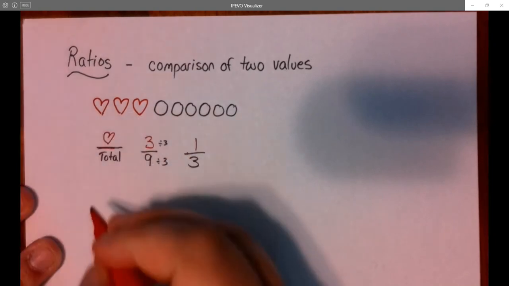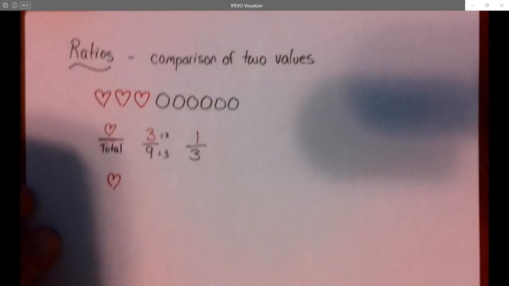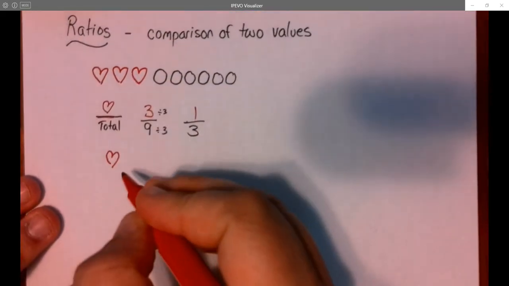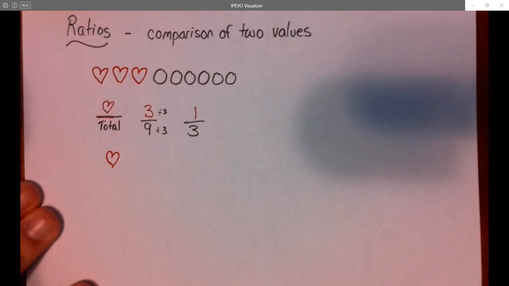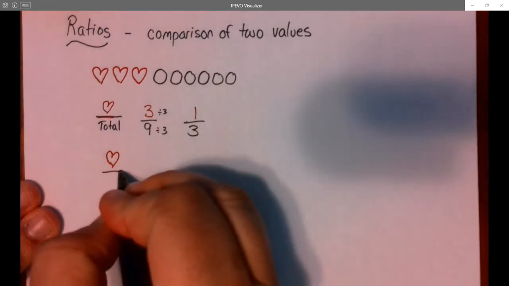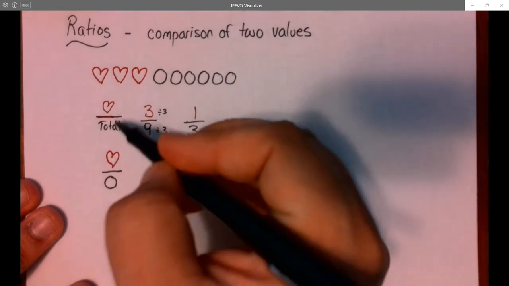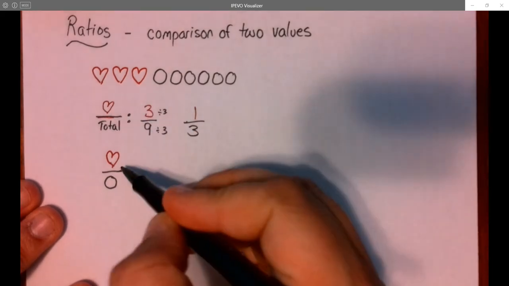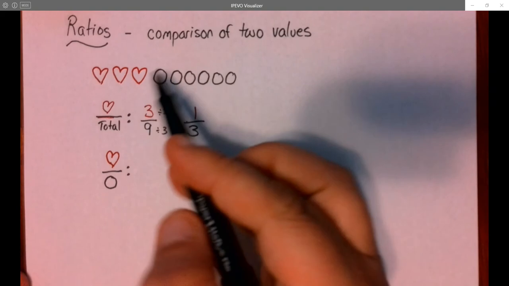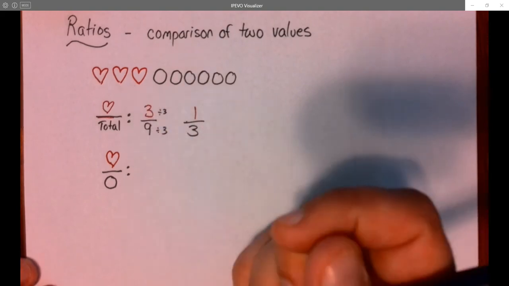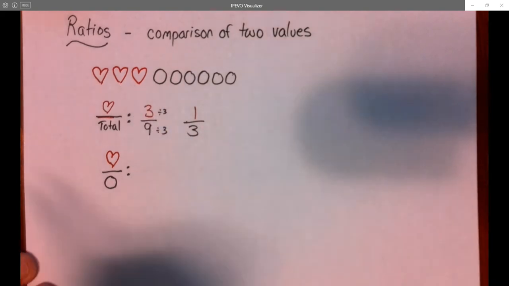So if I wanted to compare hearts, sorry, my hearts are so wonky, I can't draw a very even heart, hearts to circles. And you'll notice at the beginning here, I'm always creating a legend. That way I know what I'm putting on top and what I'm putting on the bottom. And that way anyone else who reads my ratio will know also.